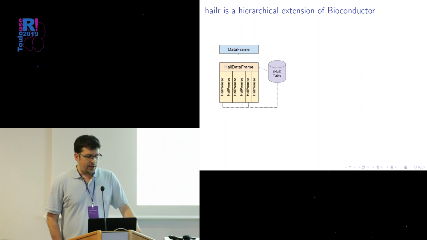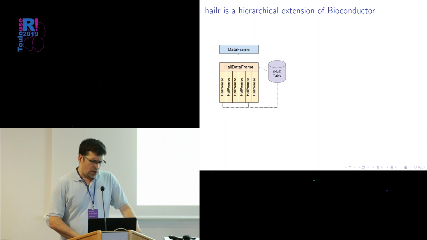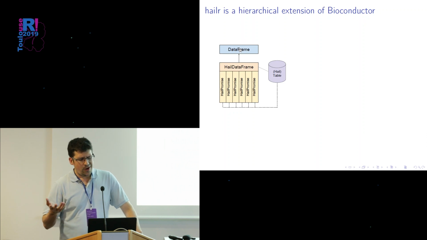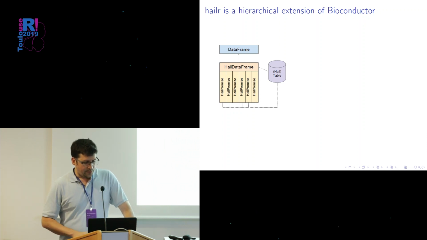And Hail R is kind of a hierarchical extension of Bioconductor in this way, where we have our ordinary data frame in Bioconductor. This is just a more generic form of data frame that makes it easier to put custom vector types into data frames. It's been around for probably over a decade now.